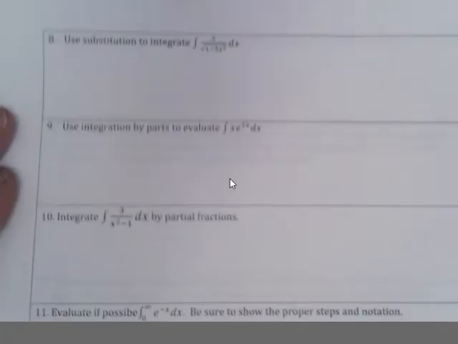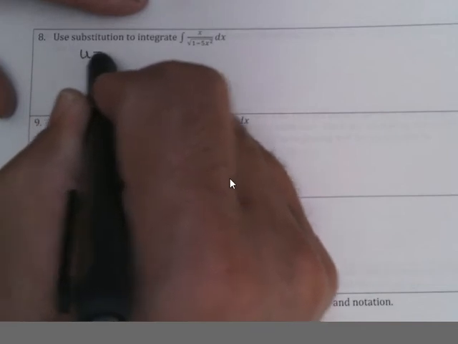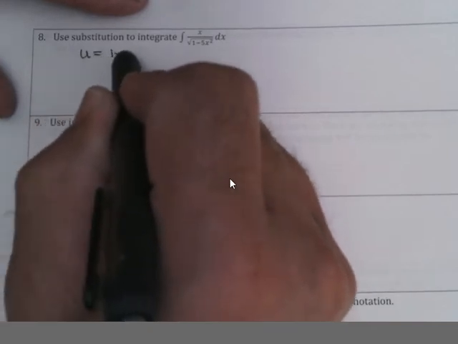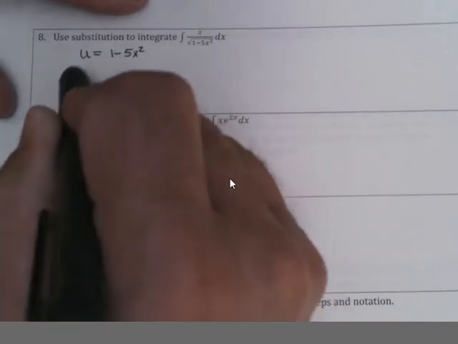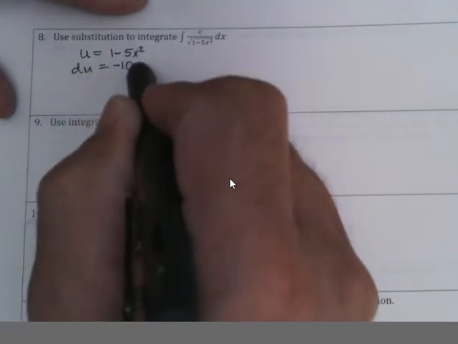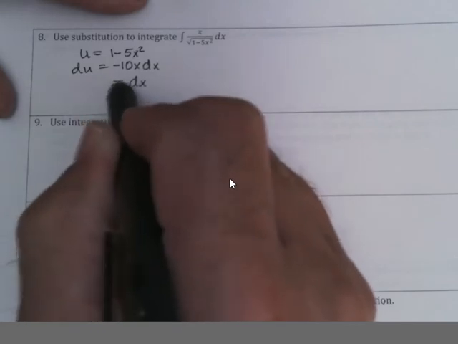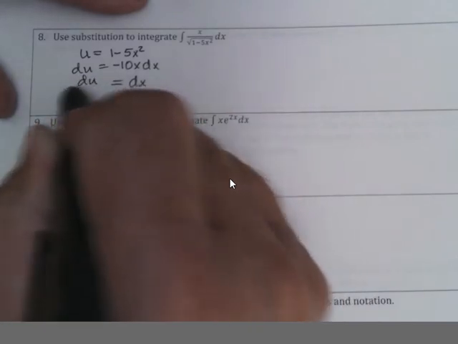All right. Use substitution to integrate this. Okay. U equals 1 minus 5x squared, du equals minus 10x dx. dx equals du over minus 10x.